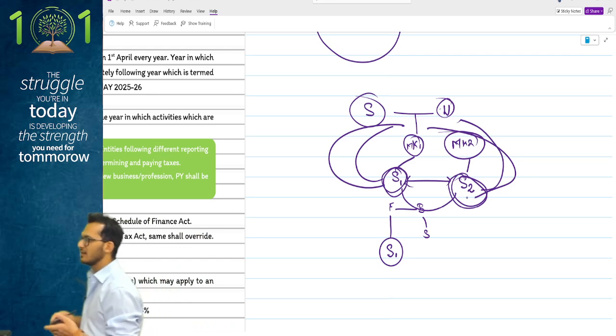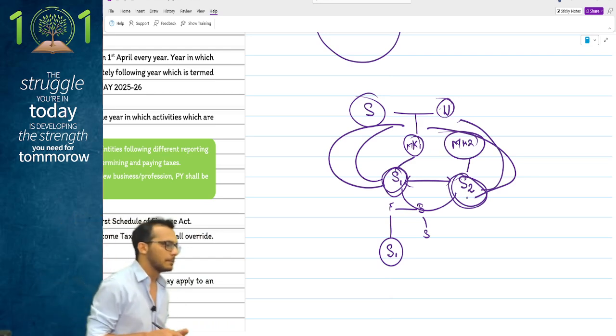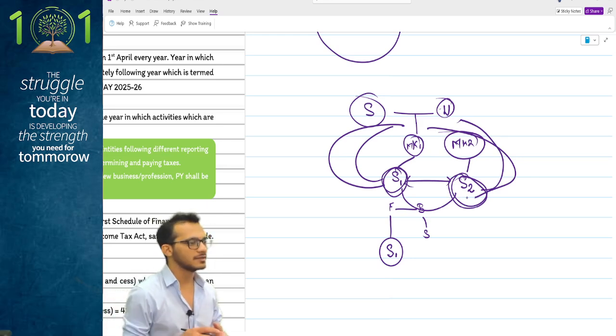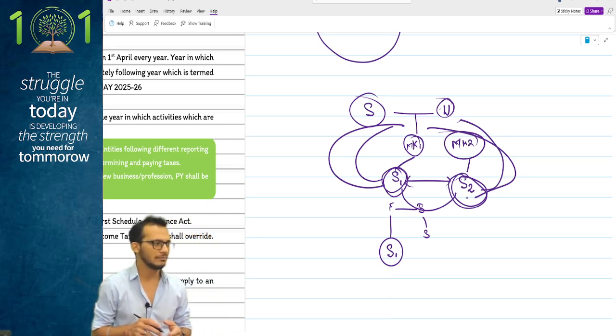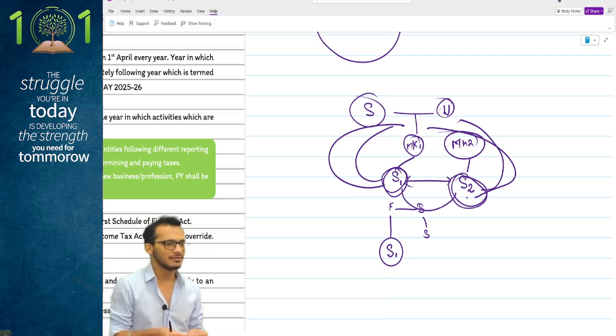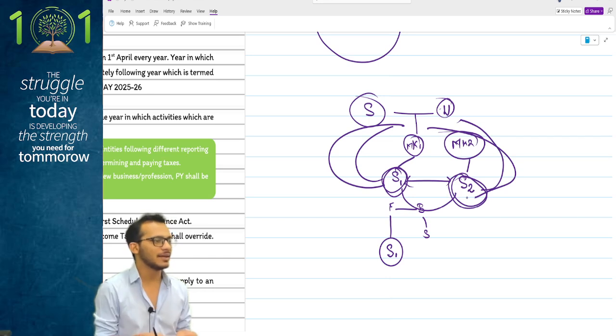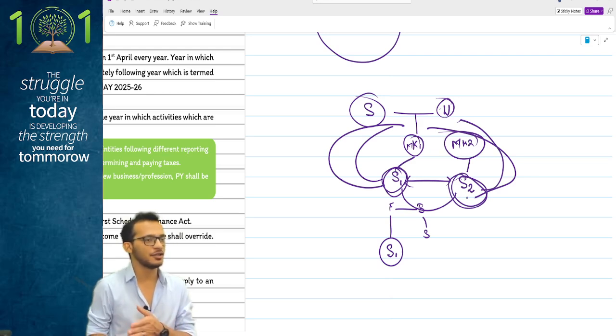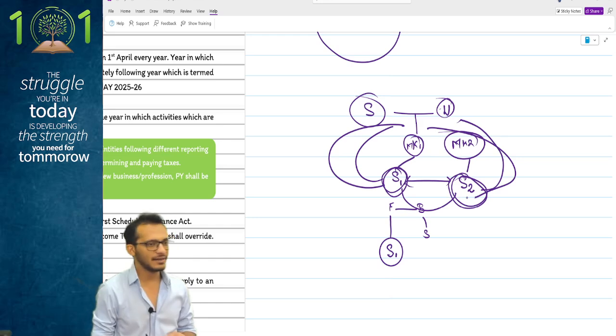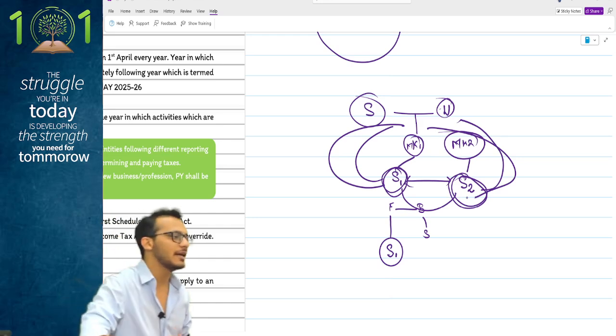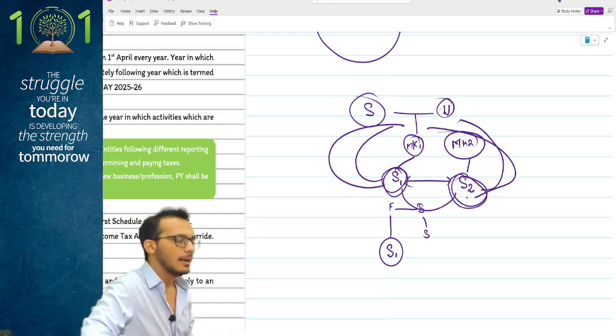Yes. Next thing, you have something called as firm. Firm is two or more persons coming together with an intention to make profits by acting in individual capacity or by acting in representation of other partners, which means there should be an intention to make profits.